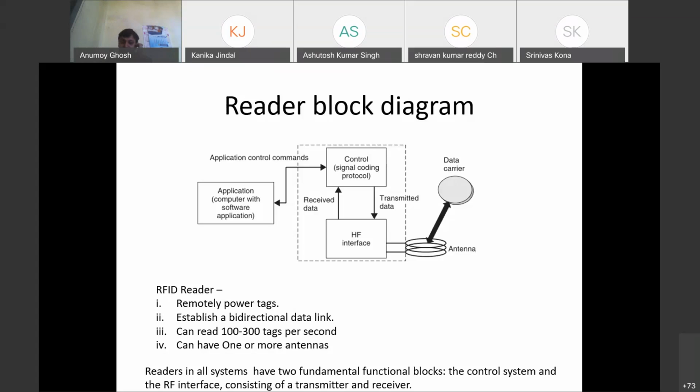Here one thing is that a reader may have more than one antenna, and second thing, the reader should have the ability to read multiple tags at a time, because suppose for collision avoidance or for speed limit check, a reader has to interact with many vehicles. So the reader should be designed in such a way that it should be reading more than one tag at a time. Okay, and also the channel should be full duplex. That means the reader channel should allow two-way transmission of data.